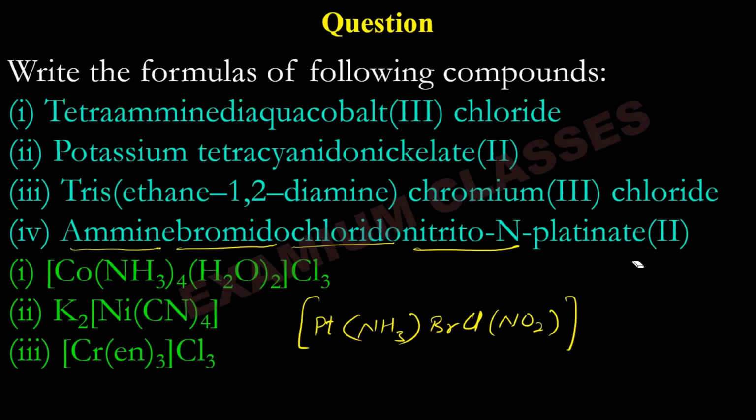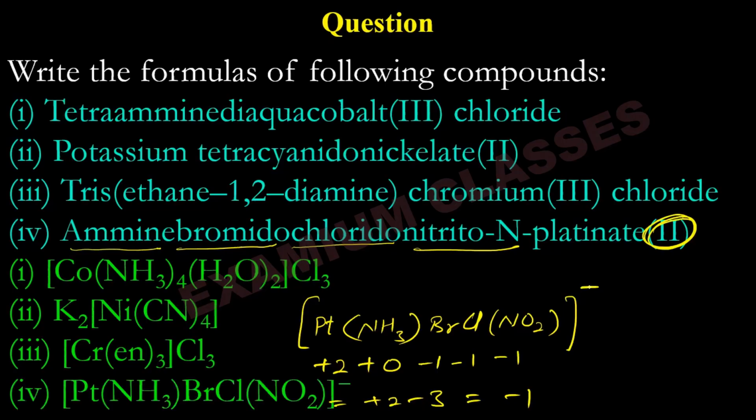But how much negative charge is there, you will calculate: platinum has +2 charge, NH3 is neutral, bromine -1, chlorine -1, NO2 -1. So in total it will be +2 -3 equals -1. So a -1 charge will be there. That is the formula: [Pt(NH3)BrCl(NO2)], with 1 negative charge on the whole coordination entity.